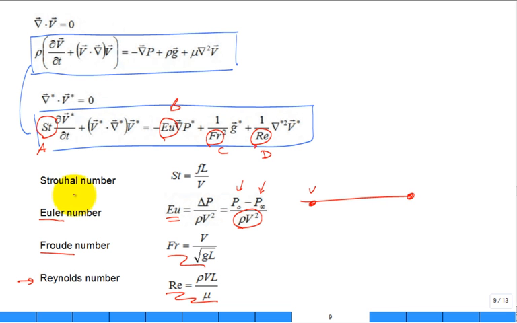And the Strouhal number, it's characterized by this frequency of motion. A lot of times we don't have that. We have fluid flow in a pipe, and I'm not wiggling the pipe with a constant frequency.